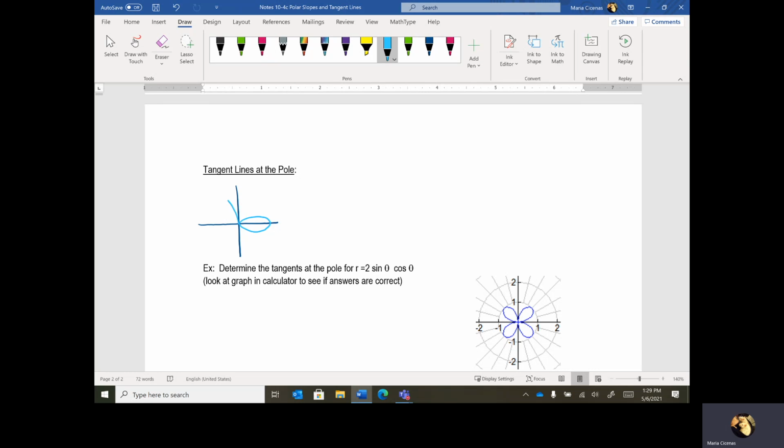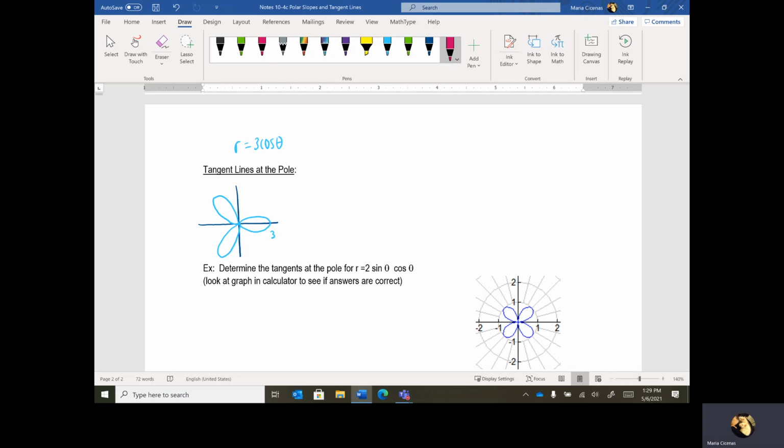And I'll just do a 3-petaled rose. Starting on the x-axis, so this has got to be a cosine rose, right? It would be, let's say it has a radius of 3. 3 cosine theta, right? Just practicing some of those facts.